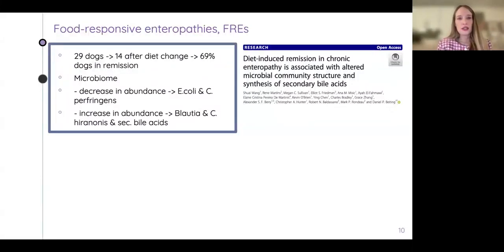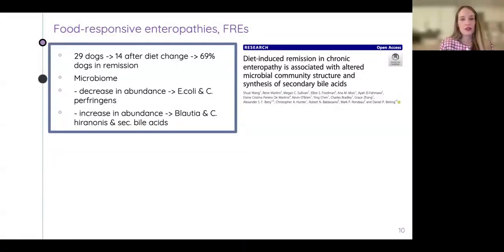Just to start from the beginning, this study evaluated 29 dogs, and they did the evaluation 14 days after they introduced the new diet. They had 69% remission, so 69% of the dogs were in this food responsive group.